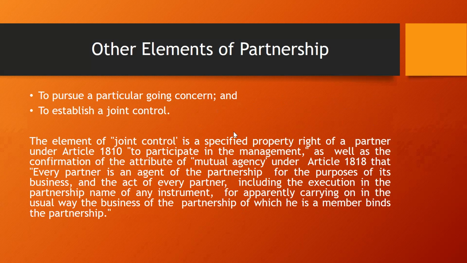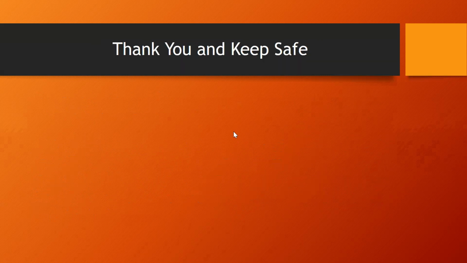And also to establish a joint control, this is an elaborated part of, when you establish your business, you will be able to control it based on your own preference. Kaya these elements are not that much emphasized in the Philippine jurisdiction kasi nga incorporated na siya doon sa naunang three essential elements. Okay?